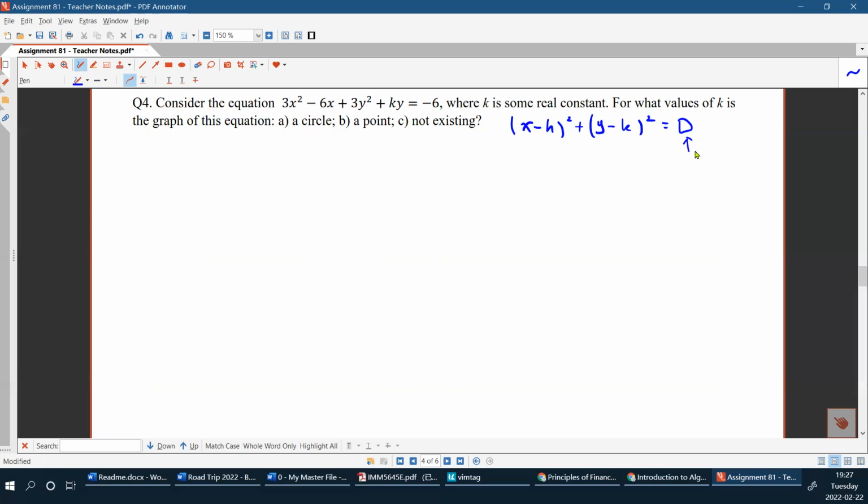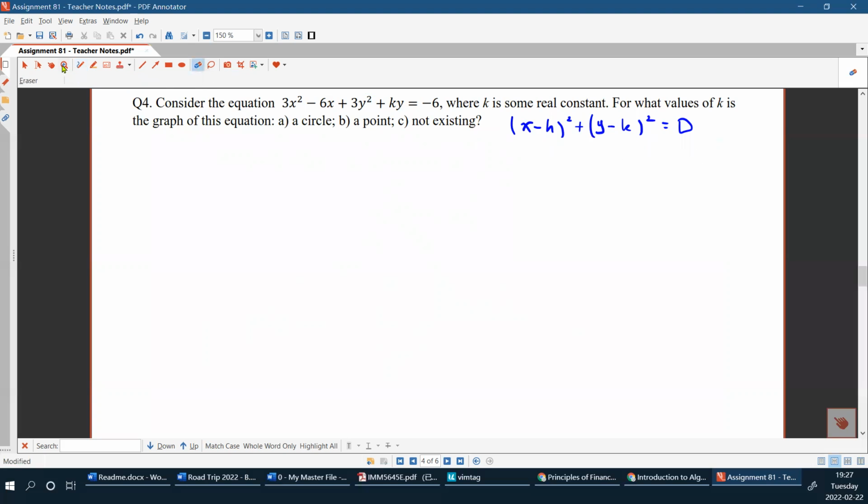If it is greater than 0, this is a circle. If it is 0, this is simply a point, a degraded circle. If it's less than 0, no x, y pairs can fulfill this equation, therefore the graph of that equation does not exist.